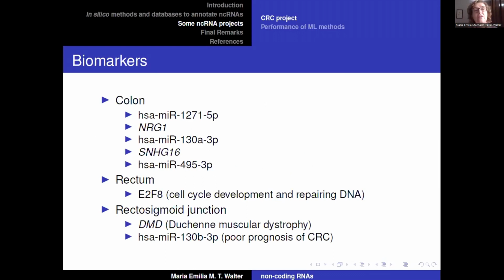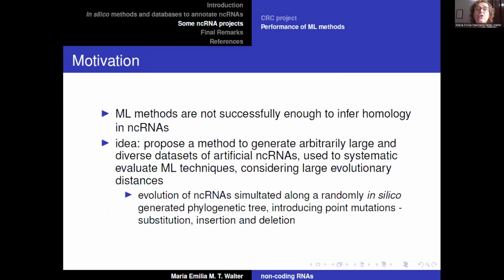The intention here is to collaborate to understand these mechanisms in CRC, and we are collaborating with a doctor in Brasilia who works with this cancer in a hospital in Brasilia. The next slide shows, I think, the other project.